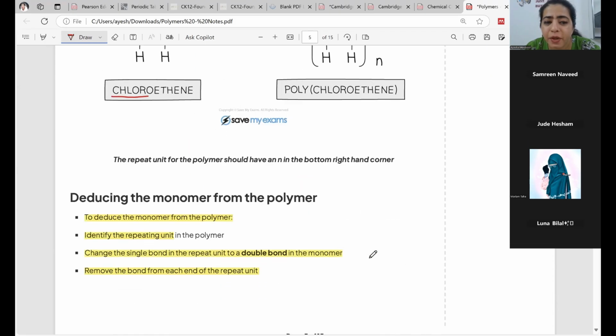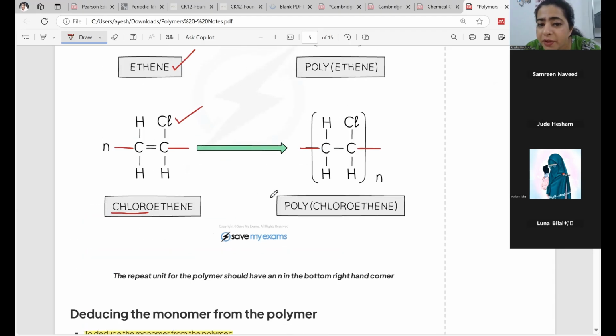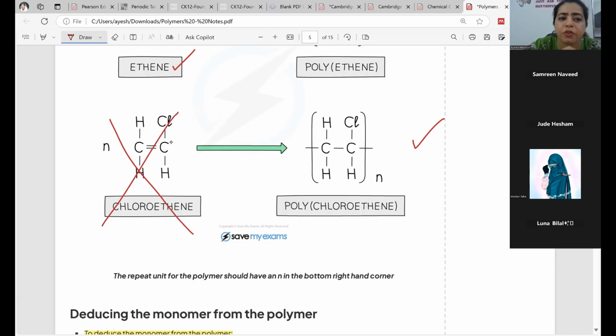No problem. Okay, now how do we deduce the structure of the monomer if the polymer is given to you? If this polymer is given, how can you go back to the monomer? Any idea? Let's say for this example, they have given you this polymer and they have not given you this monomer. Can we make this monomer by ourselves if this polymer is given?